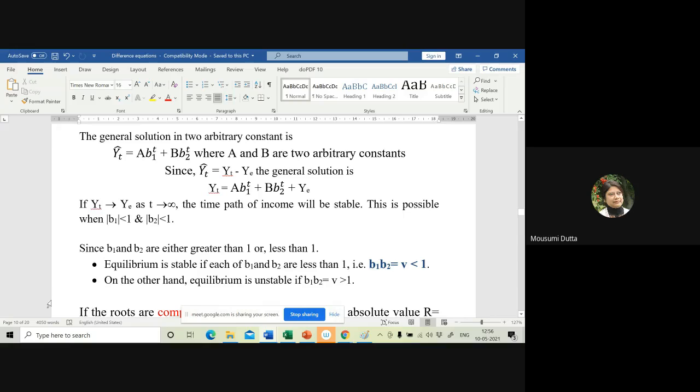So in case of complex conjugate roots, we get this kind of movement. By the way, don't expect that I'll ask you a question based on cos theta, sin theta, unit circle, etc. You need to grasp the idea. I'll not ask any question on that.